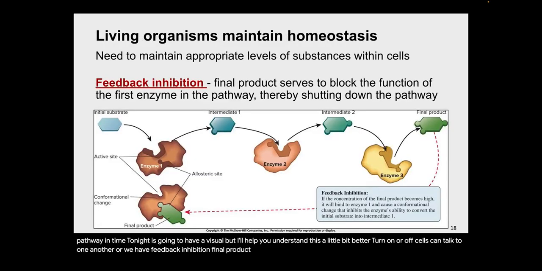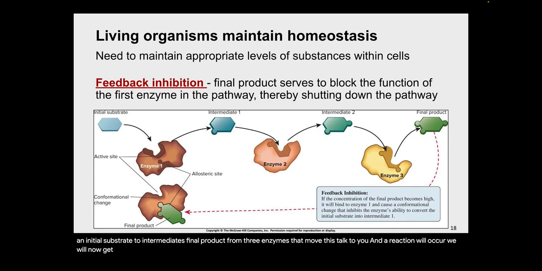So if we look at feedback inhibition here, we're going to look at this fictitious example. We have this pathway consisting of an initial substrate, two intermediates, a final product, and 3 enzymes that move this pathway along. Enzyme 1 will take in the initial substrate, and a reaction will occur.